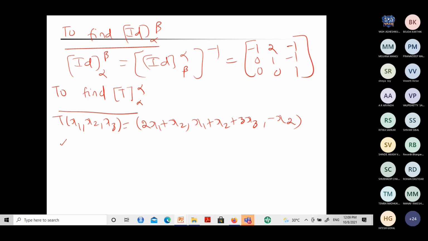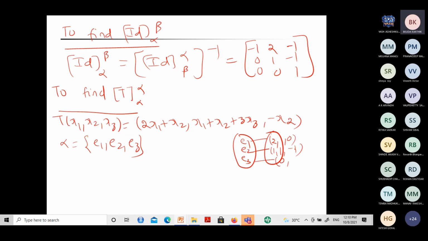Okay, so what is alpha? Alpha is E1, E2, E3, right? Writing this is very simple here. Under T, E1 goes to (2, 1, 0). E2 goes to (1, 1, 1). E3 goes to (0, 3, 0).